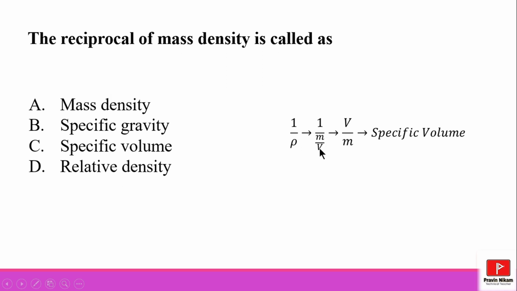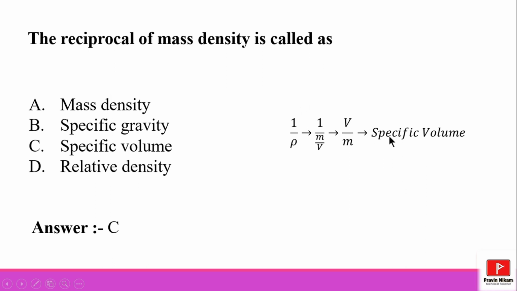So 1 upon m upon v. Now this v goes to the numerator. So v divided by m, and v divided by m is the property of fluid, that is the ratio of volume to the mass. This property of fluid is called specific volume. Okay, specific volume. So the correct answer is C.